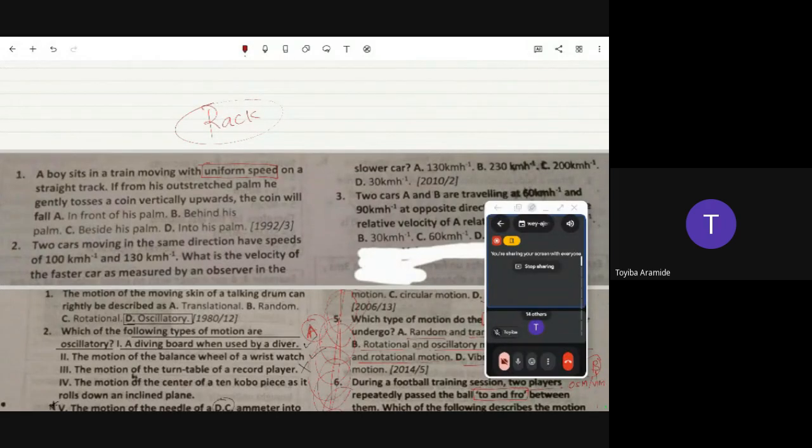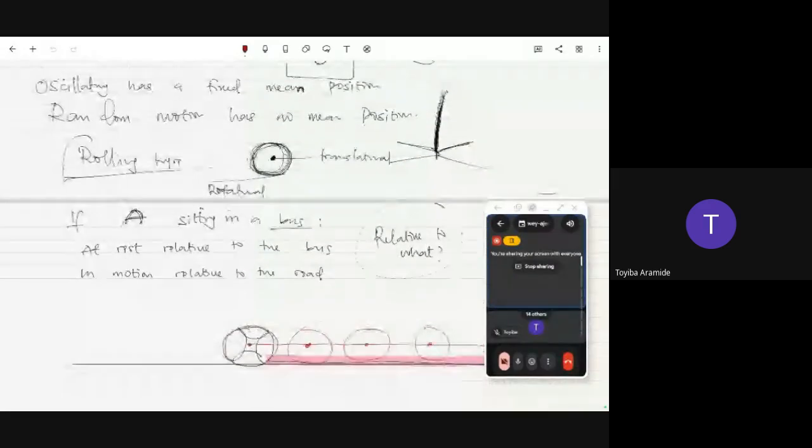Is that clear? A boy sits in a train moving with uniform speed on a straight track. Because it is uniform, it is as if it's stationary.